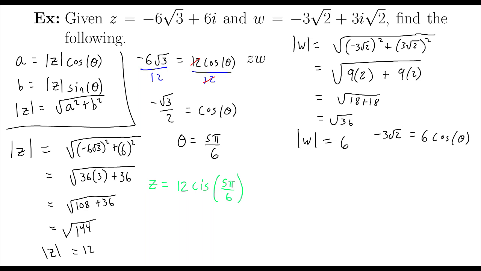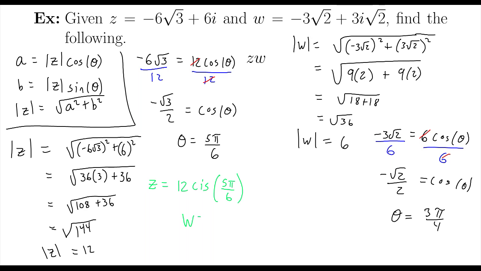If I divide both sides by 6, the sixes cancel, and I'm left with negative 1/2. So negative square root of 2 over 2 is equal to cosine theta. Now, in quadrant 2, cosine is negative square root of 2 over 2 at 3 pi over 4. Good. So now w, the complex number w, is 6 cosine plus i sine of 3 pi over 4.